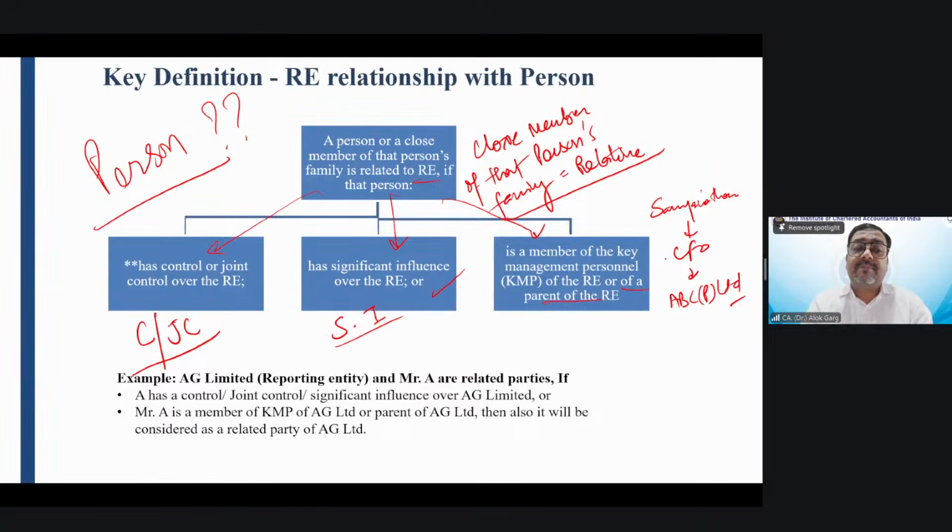So he is a related party to ABC Private Limited. Will his relative also become a related party? Answer is yes. His relative will also become a related party.